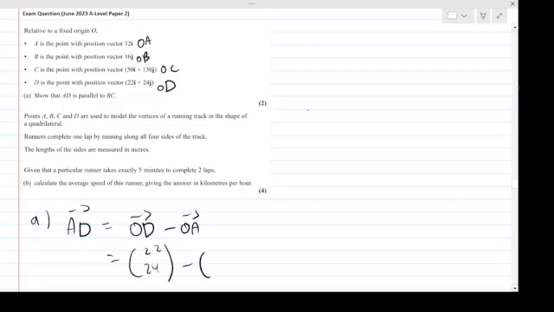Take away OA, well, OA is just 12i, but then there's no j, so it's 0j. If I do that calculation, I get 22 take away 12 is 10, and 24 take away 0 is 24. Cool.